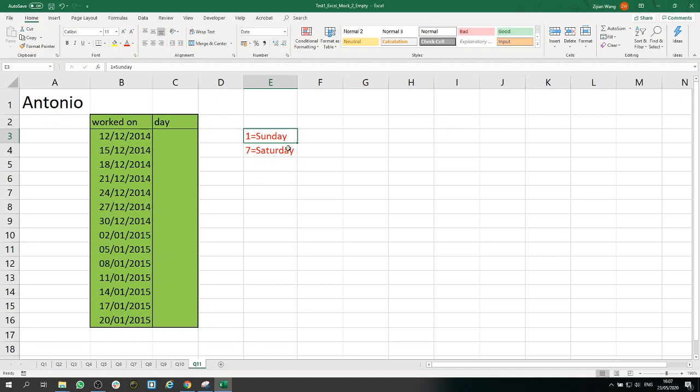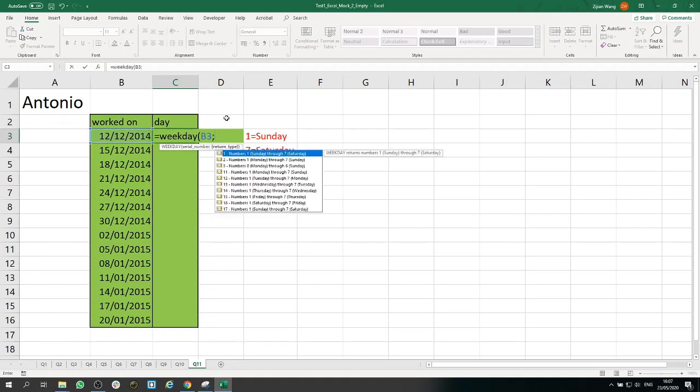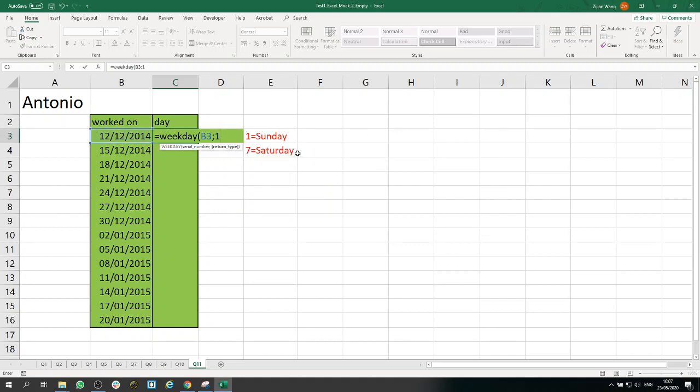Number 1 stands for Sunday and number 7 stands for Saturday. So here we have the function WEEKDAY, and the input is here, quite obvious. But the return type we need to select carefully. Oh, the first one is already Sunday through Saturday. Okay, let's pick that as return type.